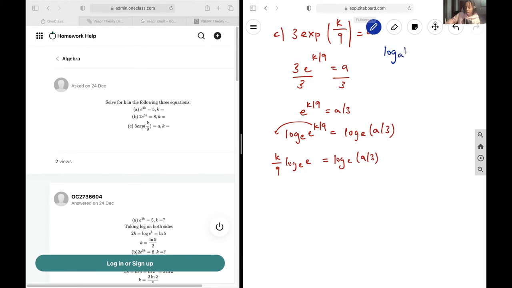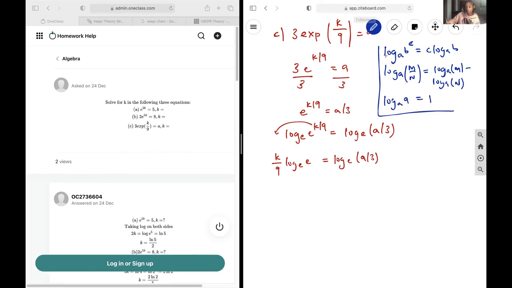So log a b to the power of c is equal to c log a b. Log a m over n is equal to log a m minus log a n. And lastly, log a a is equal to 1. These are the main ones that we're going to be using.